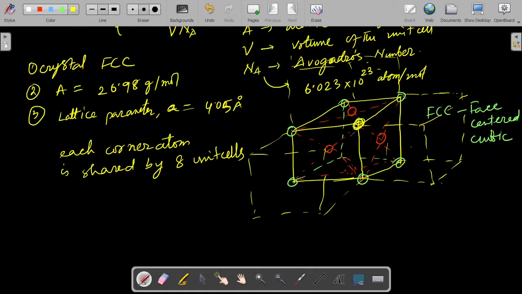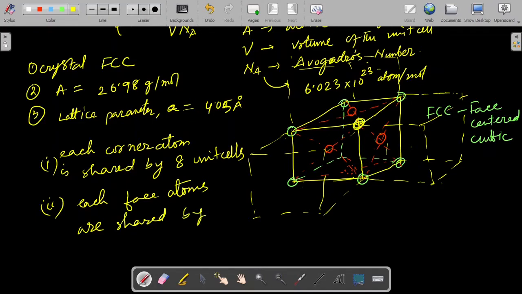And also, this atom which is at one of the faces is shared by this unit cell and also this unit cell, so 2 unit cells. So that's point number 1, and this is point number 2: each face atom is shared by 2 adjacent unit cells.